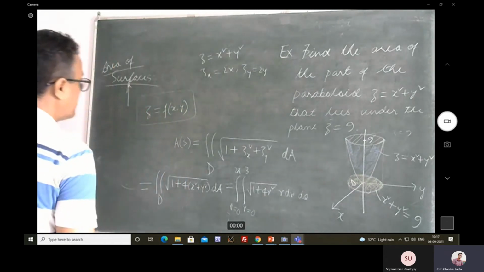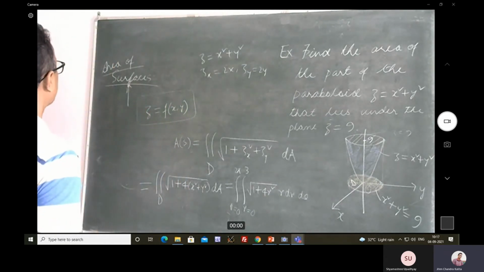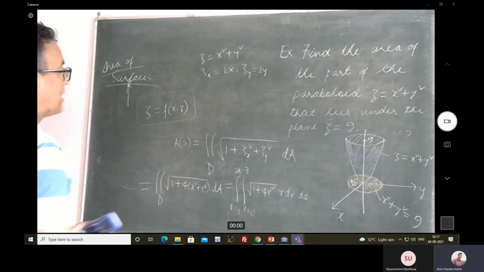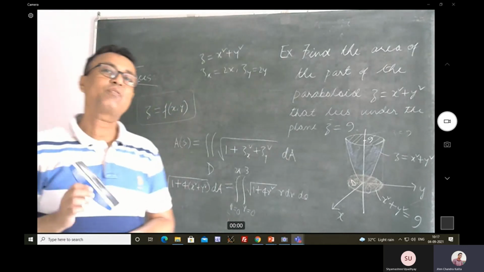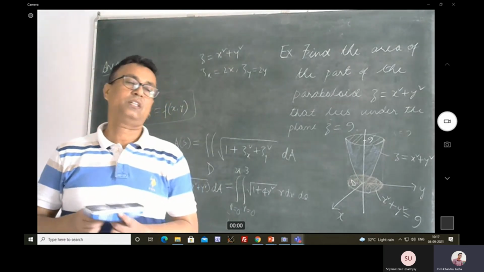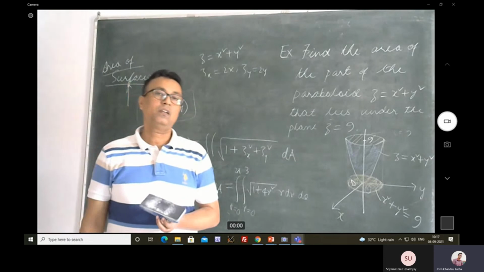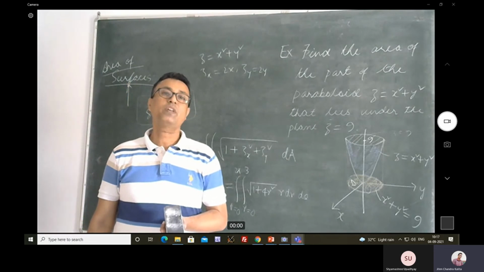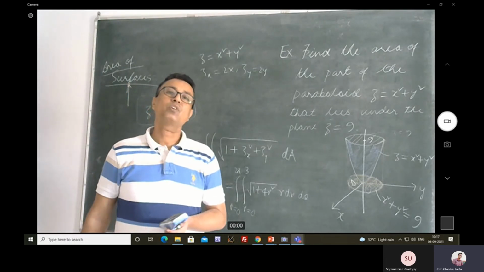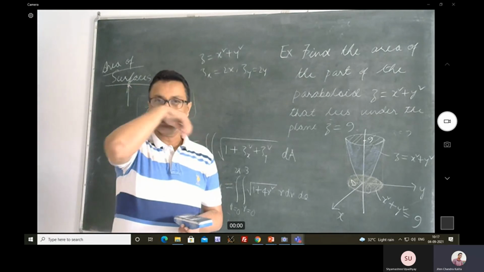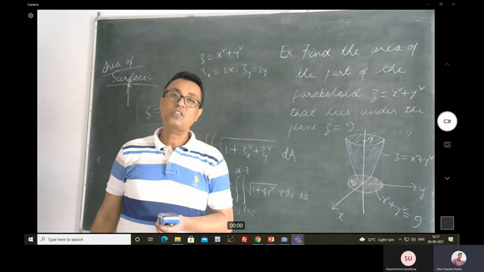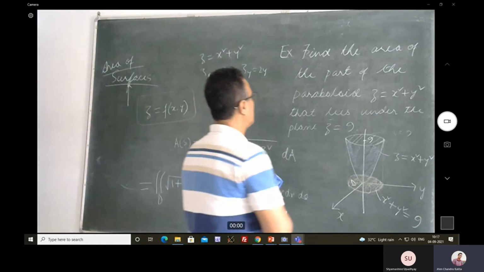So this was about areas of surfaces. Now we are going to move on. We were still dealing with multiple integrals. So far we have considered the multiple integral of a function of two variables. Now we are going to move to multiple integrals of a function of three variables.